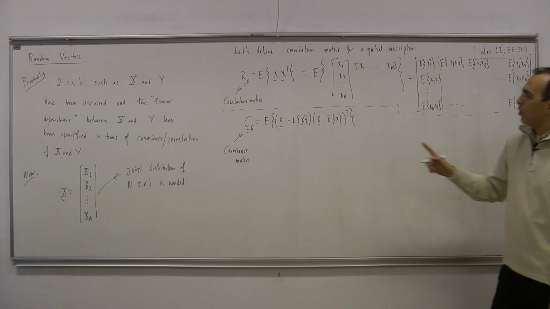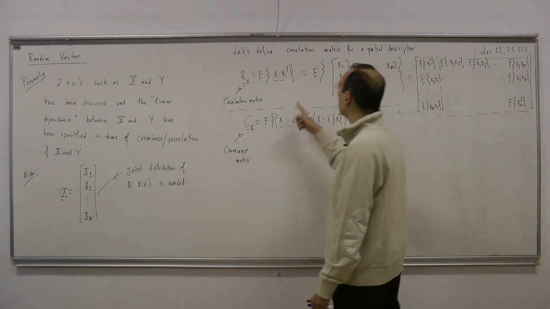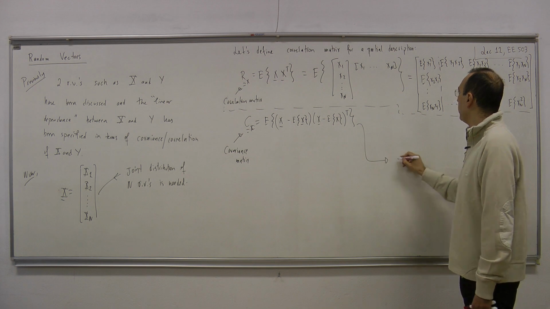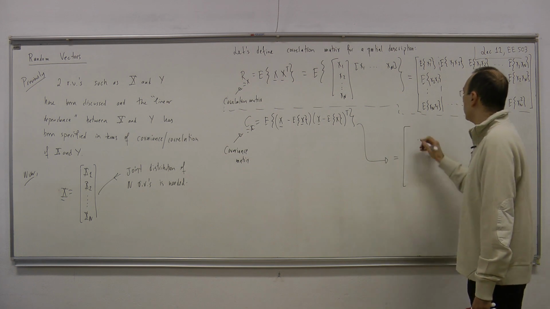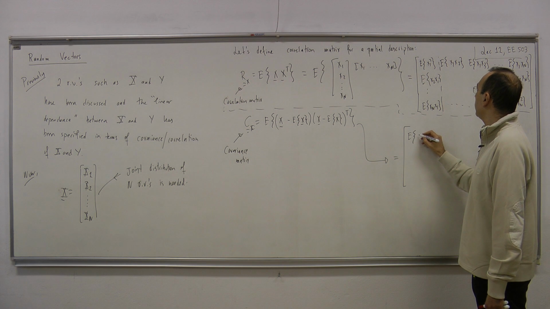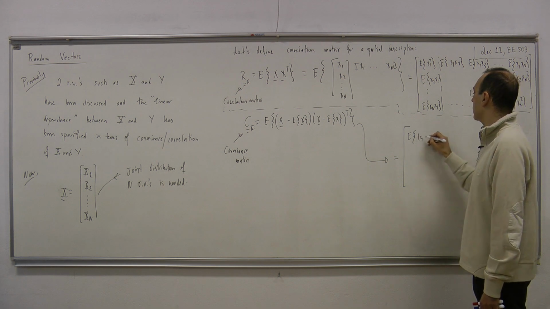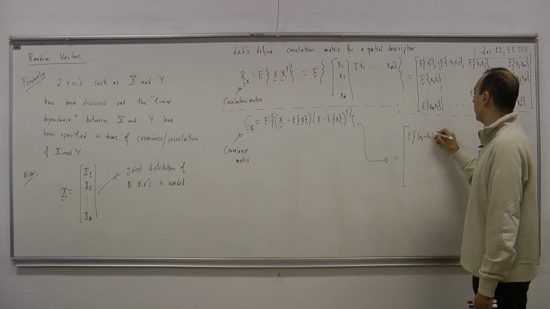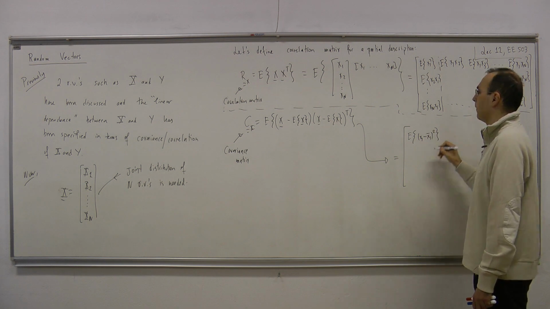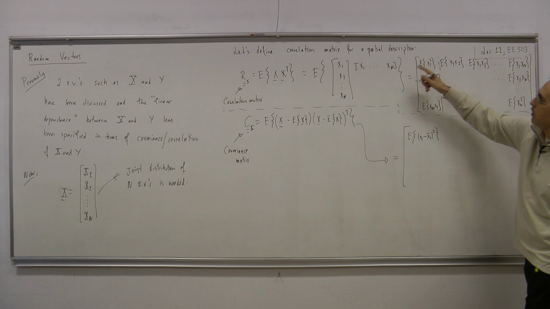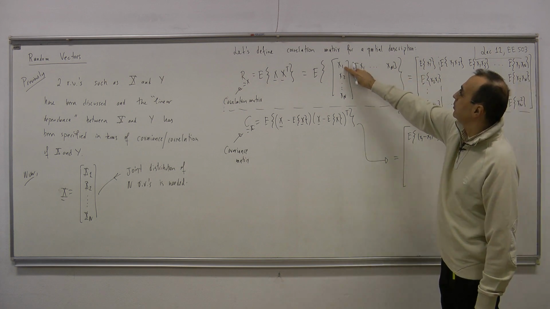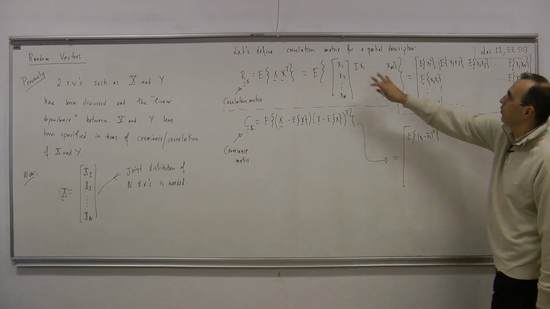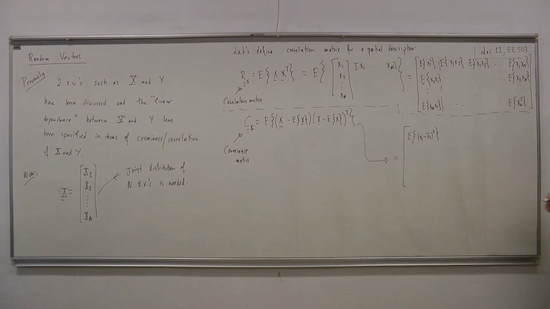Okay, now how about this one? So this one is almost the same, so let me skip this intermediate step. This is equal to expected value of x1 minus the mean of x1, parentheses square. So the only difference is that now I have x1 minus the mean value of it over there. If I multiply them, I get the square and expected value.